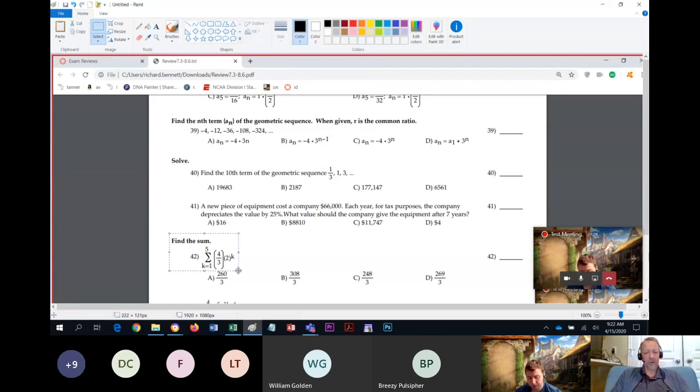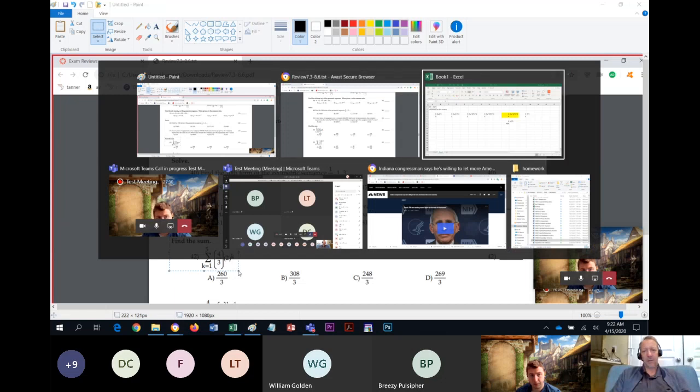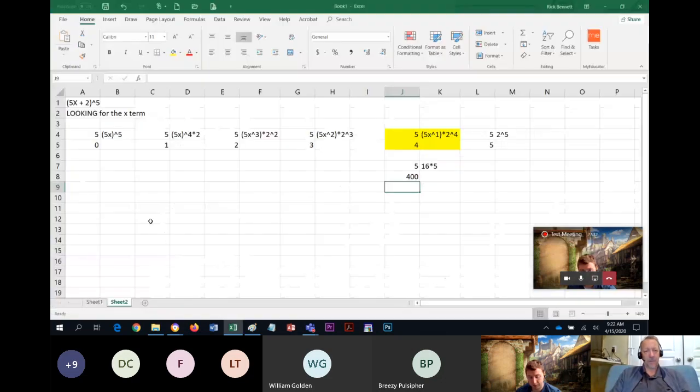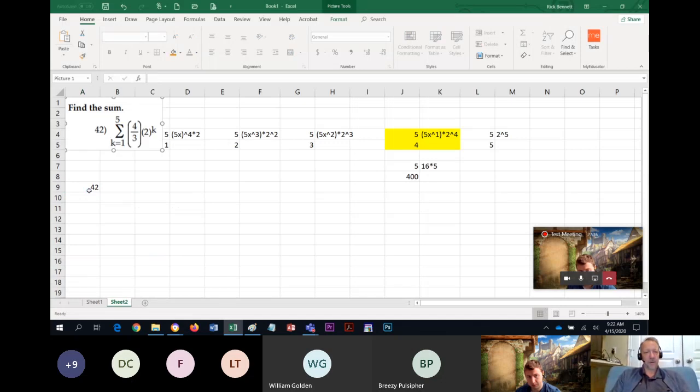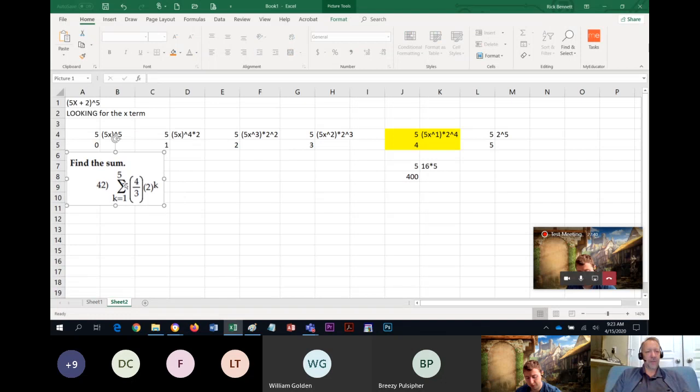And we got to put it in a fraction form. Okay, 42. Oh, there we go. I guess I can cover that up. Find the sum. Okay, so which formula should I use for this one?